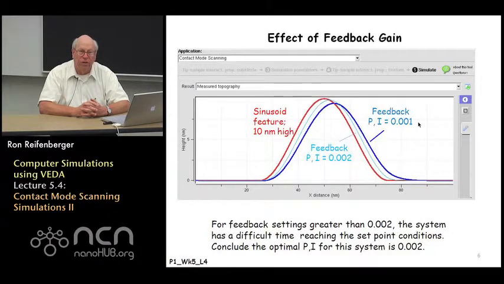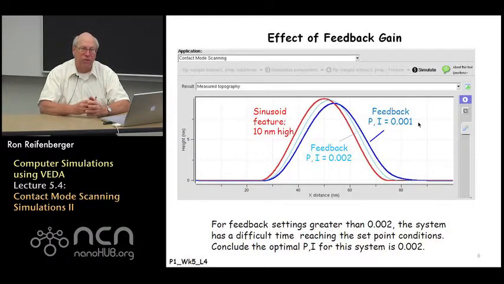The sinusoidal feature is indicated in red in this diagram, and I've selected 2 feedback gain parameters for P and I, 0.001 and 0.002. What you can see is that the feedback gain of 0.002 gives you a more accurate representation of the feature than a feedback gain of 0.001.